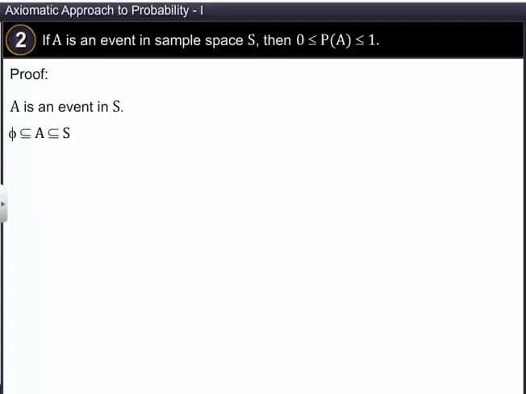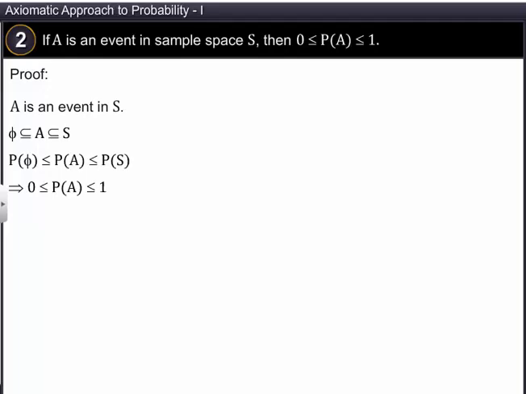Thus, phi is a subset of A, which is a subset of S. Therefore, P of phi is less than or equal to P of A, which is less than or equal to P of S. We know that the probability of a null set is 0 and the probability of a sample space is 1. Hence, the probability of an event of a sample space always lies between 0 and 1.